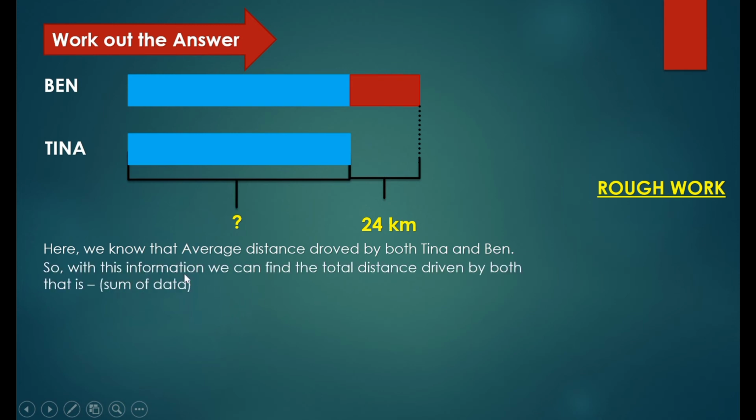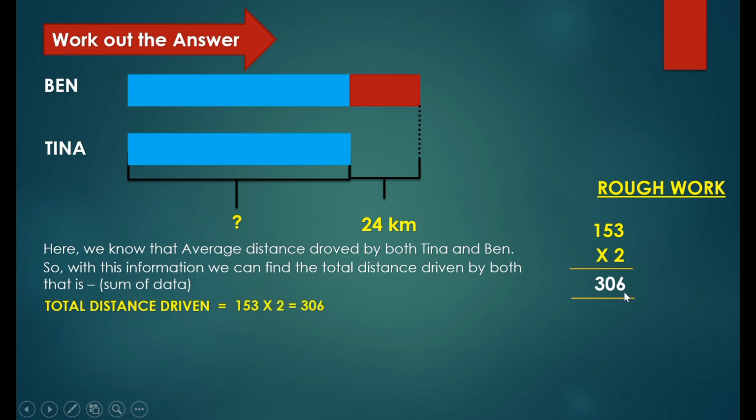With this information we can find the total distance driven by both, that is the sum of data. With the help of the formula you can find the total distance driven. You need to multiply by 2, so you will get the total distance, that is 306. So 306 is the total distance driven by both.